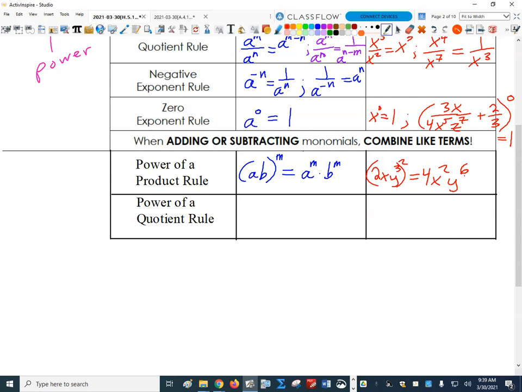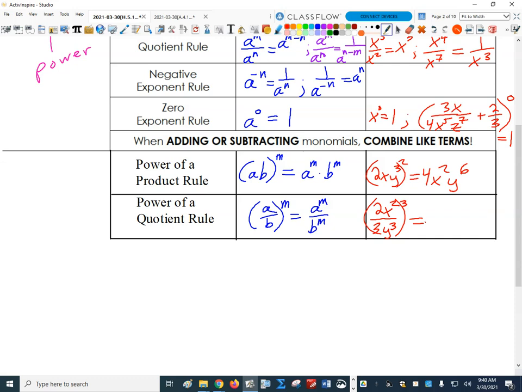Power of a quotient rule, same idea. If I have a divided by b to the m, do the same thing, right? I can write that as a to the m over b to the m. So an example would be something like, what if I've got 2x squared over 3y cubed, cubed?